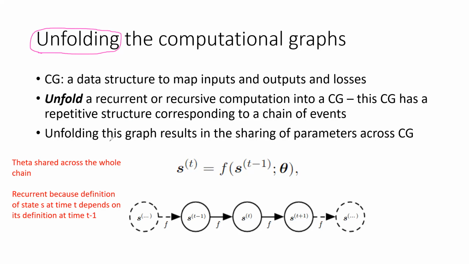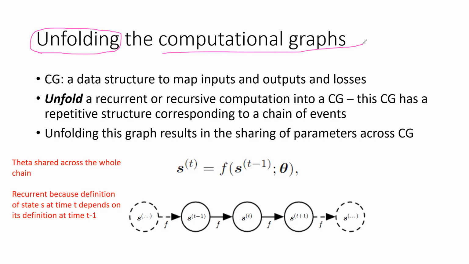So it's like you roll up the carpet. It looks like just one big roll, but when you roll out the carpet, it becomes a whole carpet. So it's like unfolding a roll of paper or a roll of carpet. So it becomes a very long chain. That chain primarily is called the computational graph.